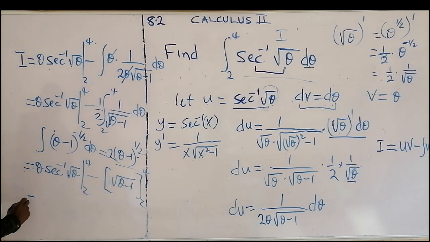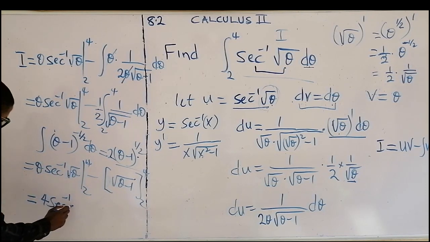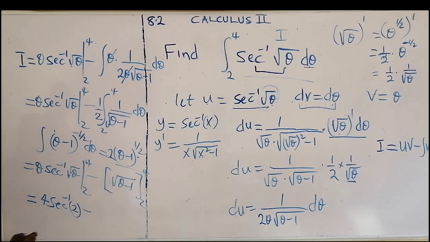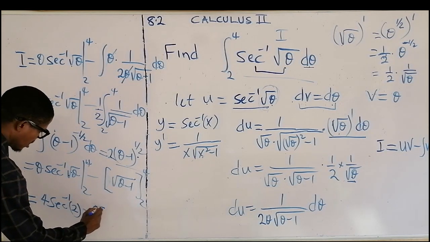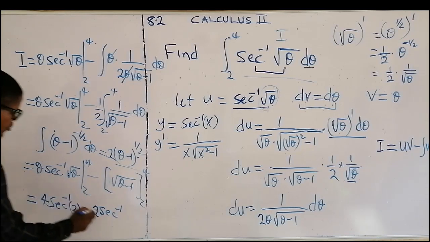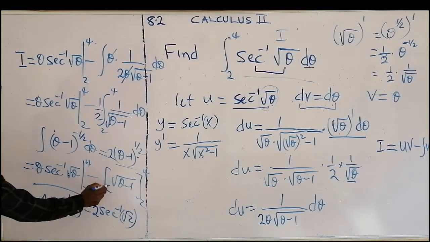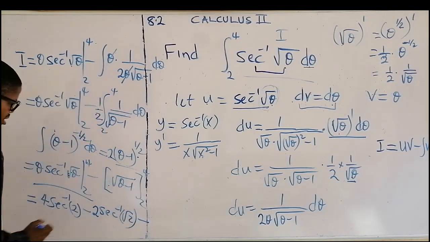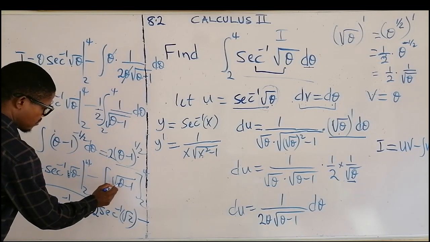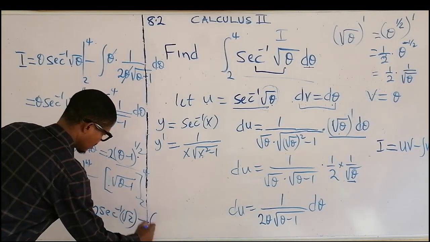So we can now begin to substitute the upper boundary. That will be 4 arcsec root 4, that's 2, minus the lower boundary, 2 arcsec root 2. So I'm through with this one. Then come back here, so minus: 4 minus 1, that's root 3.